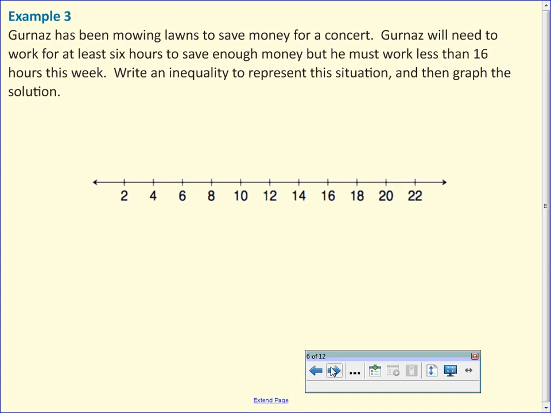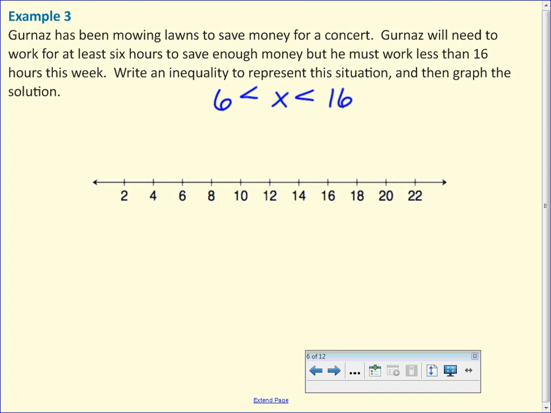So how much does he have to work? Between what and what? 6 hours and 16 hours. All right, so he's going to work somewhere between 6 and 16. So it's going to be greater than 6 and less than 16.